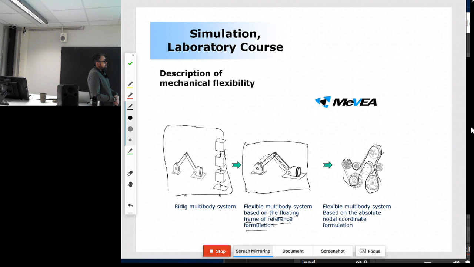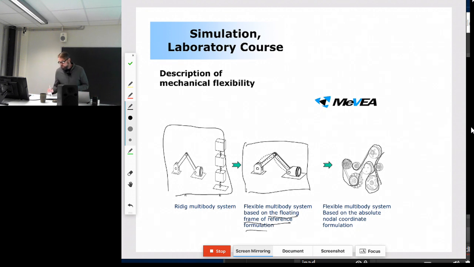Instead you can use another formulation, so I'm going to introduce you to the basics of a method called the absolute nodal coordinate formulation. It's designed particularly for challenging applications like airbags in cars, clothing, and some biomechanical components, because in many biomechanical components, like muscles, tendons, and others, you need to describe large deformation.